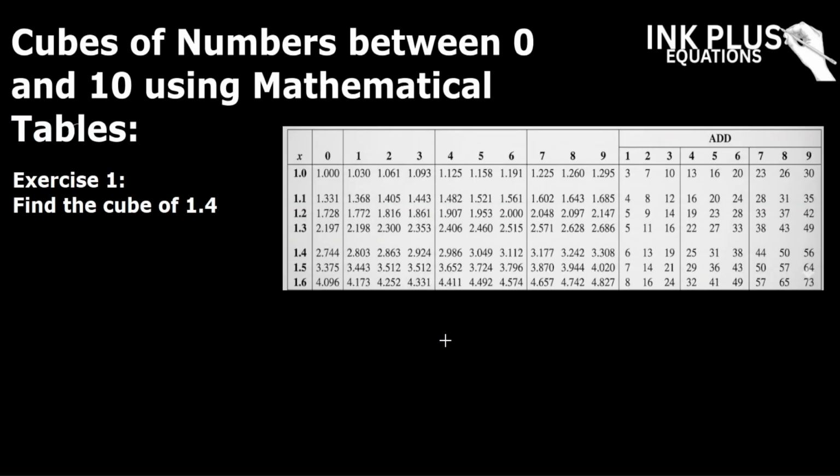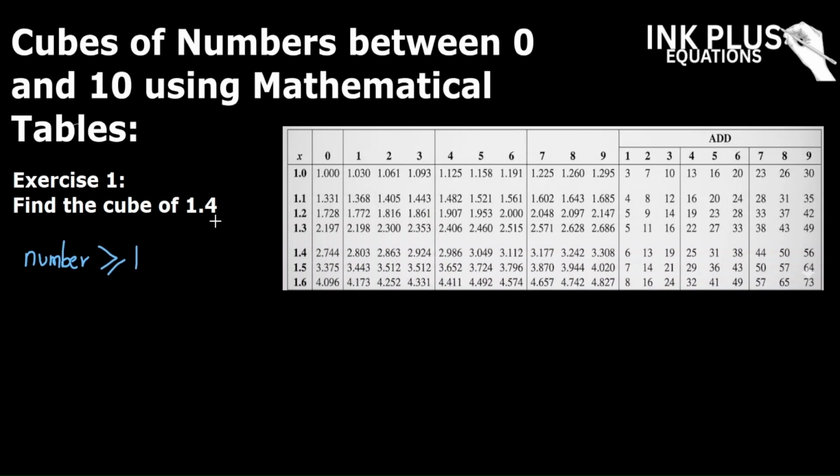Now, sometimes, actually all the time, we can find cubes using mathematical tables. So, find the cube of a number, and the number is 1.4. The first thing you have to remember is that the number we are trying to find the cube of must be greater than or equal to 1.